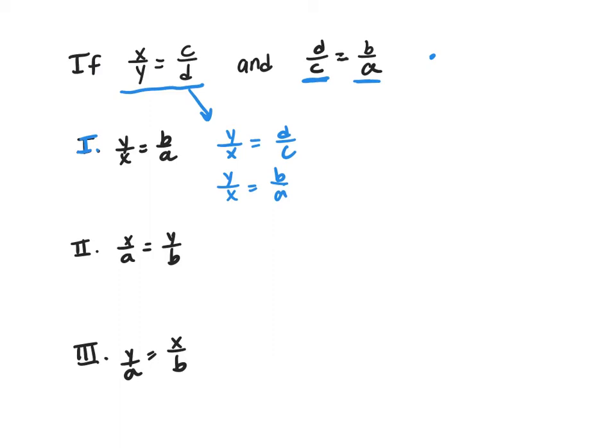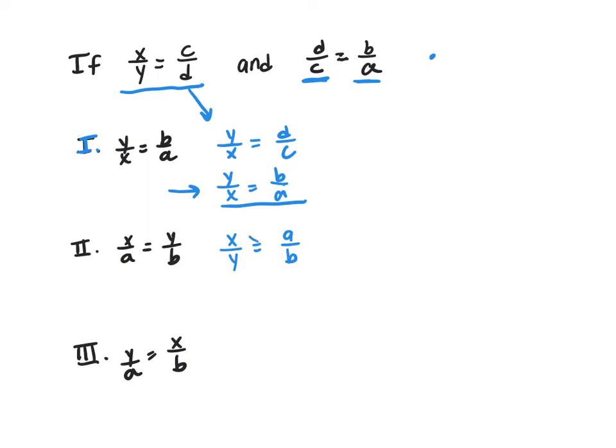I know that x over y equals a over b. Look at this and take the reciprocal of each side. I know x over y equals a over b. So I've got all my variables.